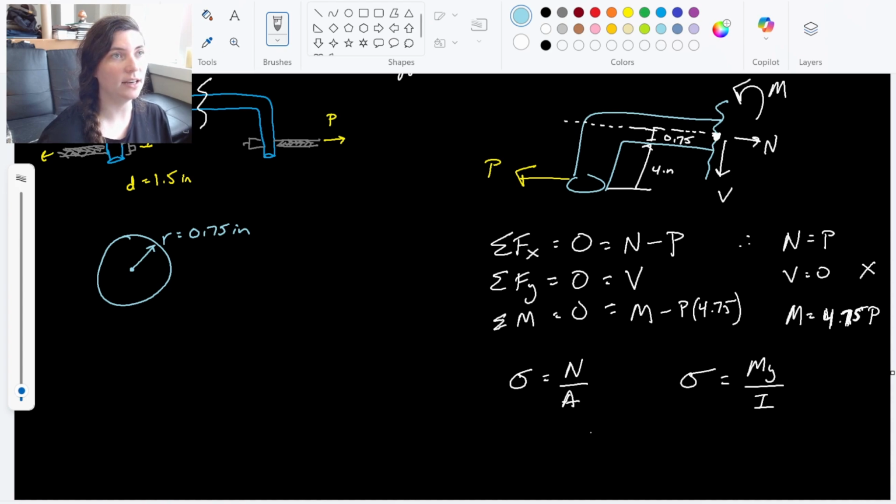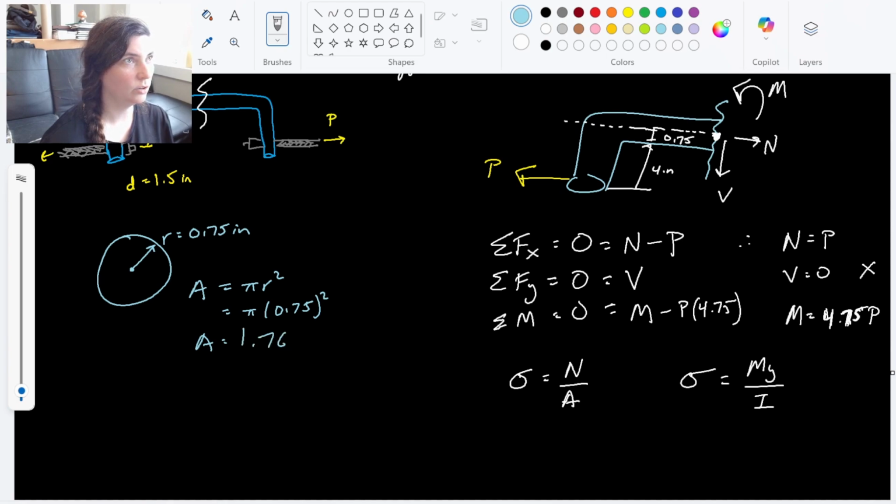And we can calculate any of these attributes we need, right? So area is pi r squared. So that's pi times 0.75 squared. I get a cross-sectional area for that bracket. When I punch that into my calculator, 1.767 inches squared.